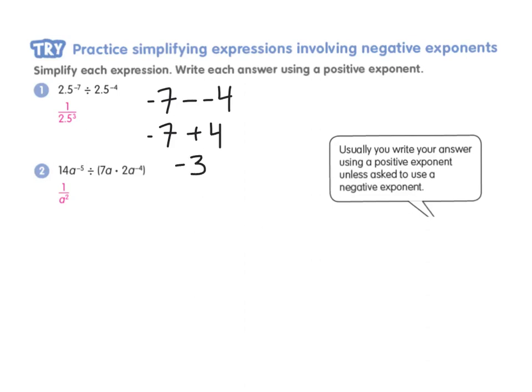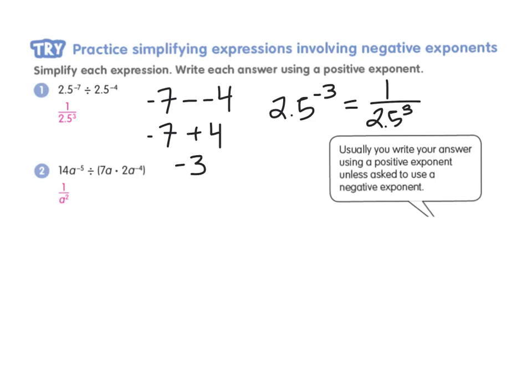So really I have 2.5 to the power of negative 3. And remember, our rule says that you can rewrite this as a positive exponent as long as you put this in the denominator of the fraction. So this is going to be 1 over 2.5 to the power of 3.